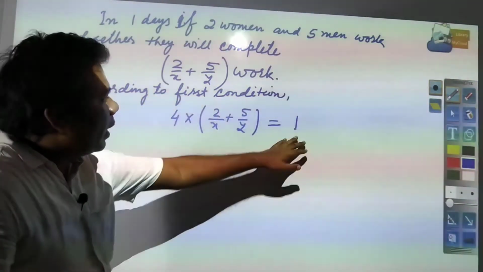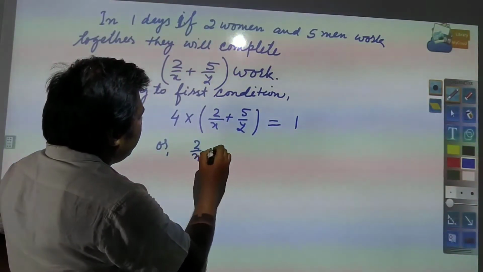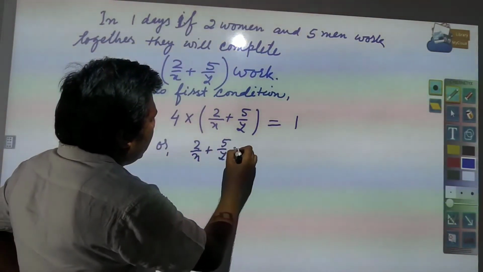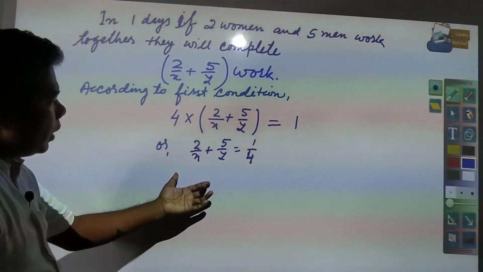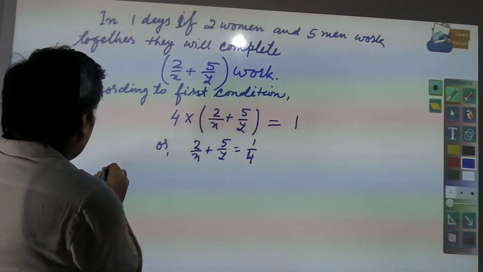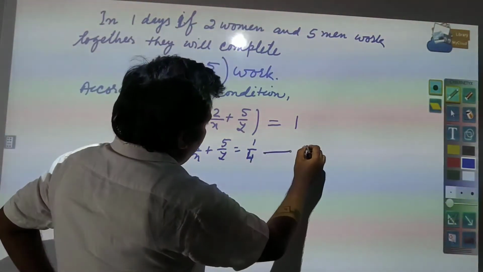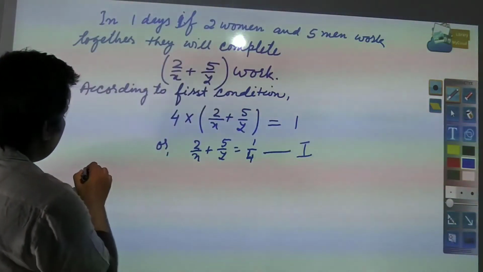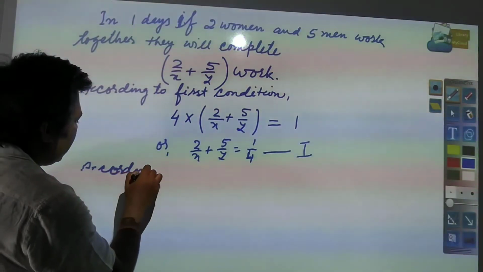If you simplify this, you will get 2 by x plus 5 by y is equal to 1 by 4. Suppose this is the first equation, and according to the second condition we find the second equation, then we will simplify.